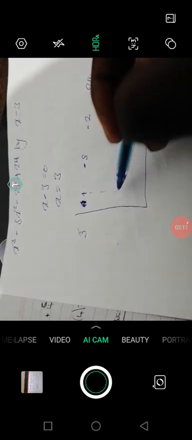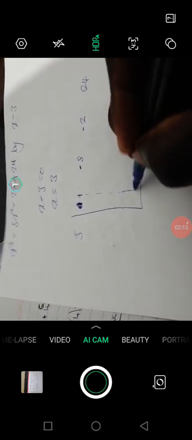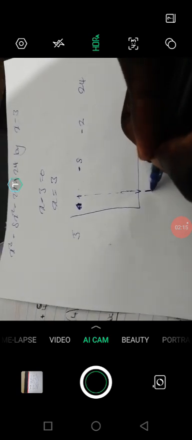So this 3, I'm going to put it here. Sorry, it is a negative; it's only 1, so I put the 1 there. So this one comes down here, we drop that one and it comes here.